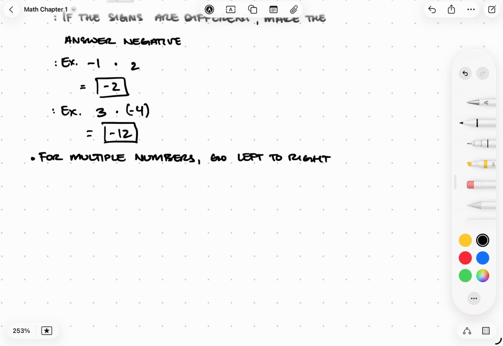I'm just saying this in case you have something like 12 divided by (-4) times 27. So I will do 12 divided by -4 first, and if I want to add a little loop, that would remind me what I'm doing right now, but you don't necessarily have to have that.